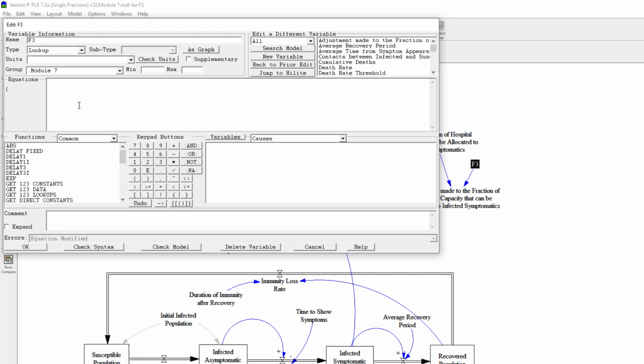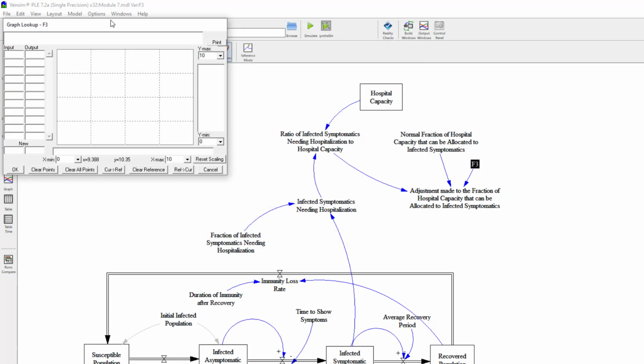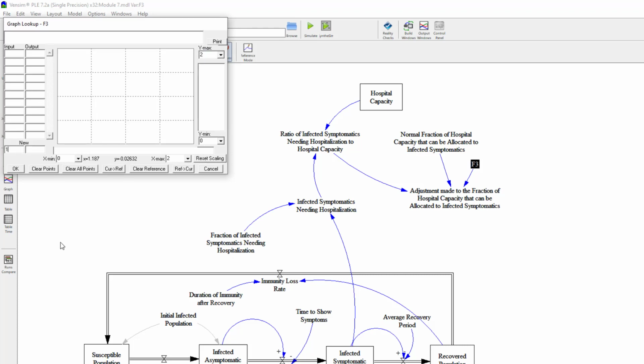Okay, so the equation is going to be, you click as graph, and let's first adjust the x and y maximum and minimum value. Okay, x maximum, we're going to just go from 0 to 2, and then y maximum of maybe 2 as well. Okay, now let's put in the points. Let's go from when this ratio equals the normal fraction.